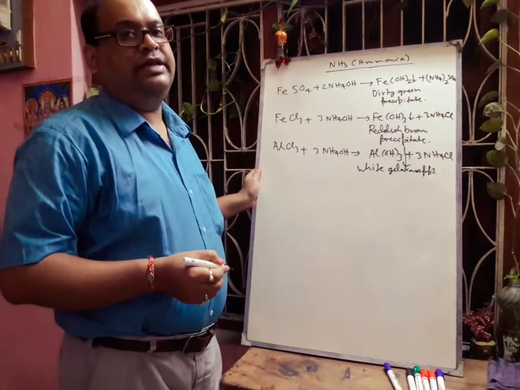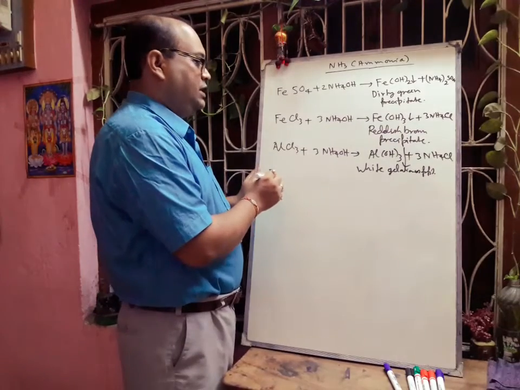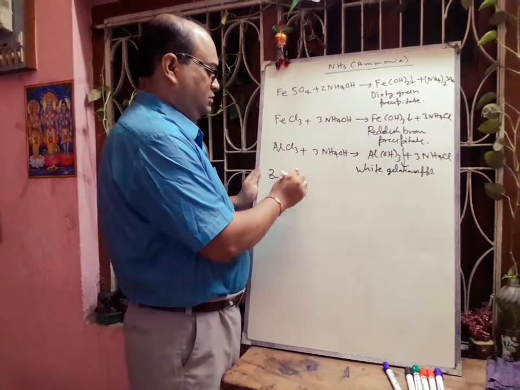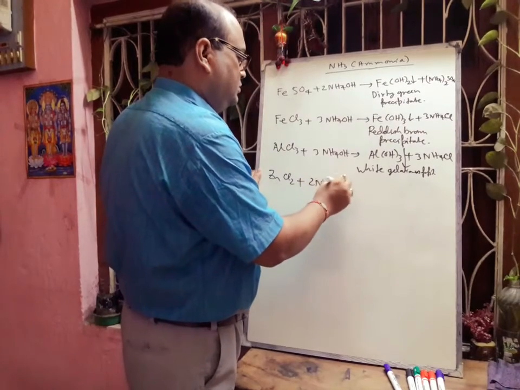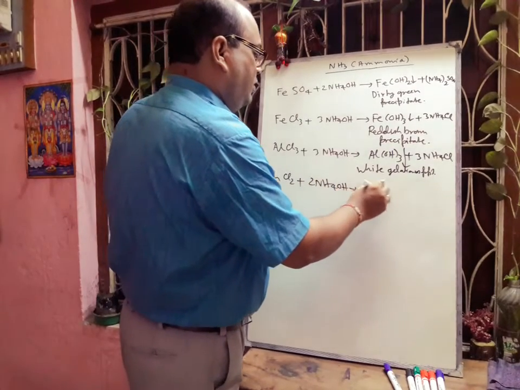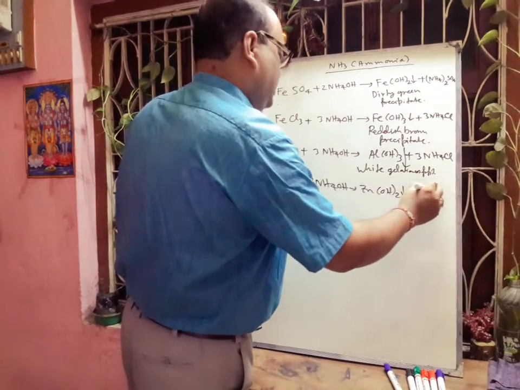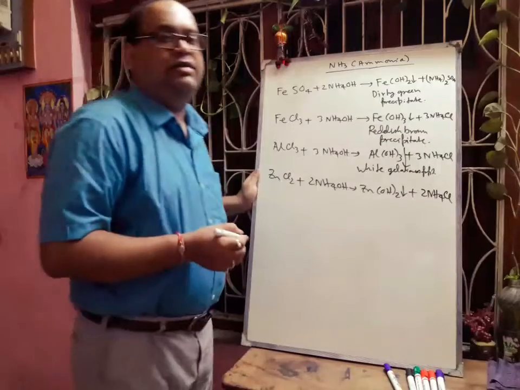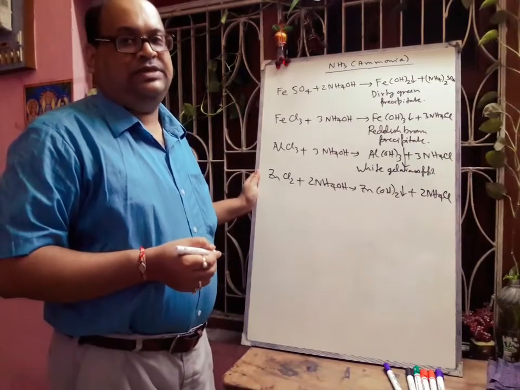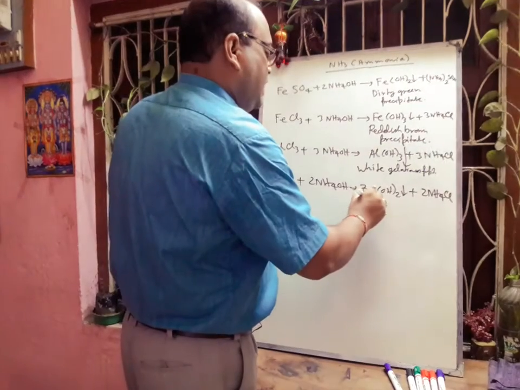Next, if we take the zinc salt, zinc chloride solution, we add ammonium hydroxide solution, then there will be formation of zinc hydroxide plus 2 NH4Cl. Here also zinc hydroxide is white gelatinous precipitate.